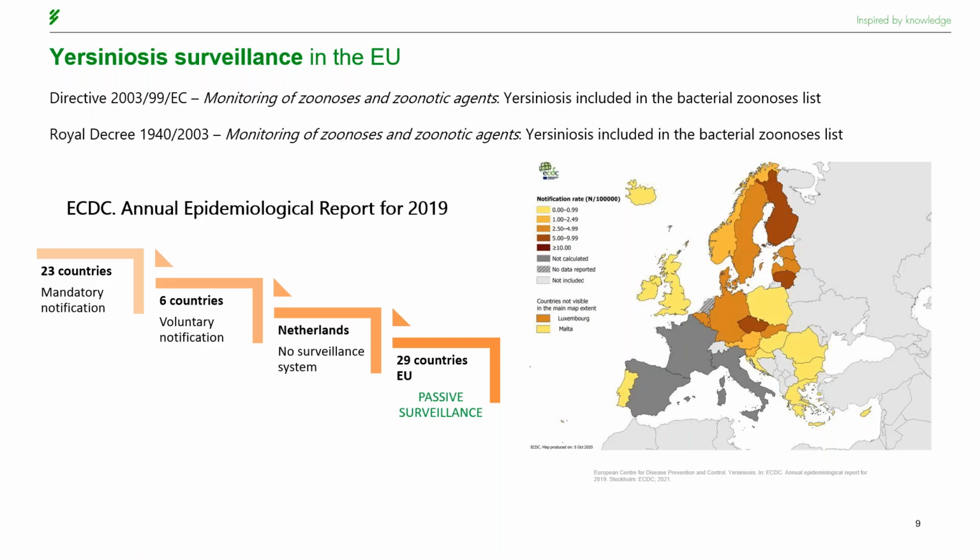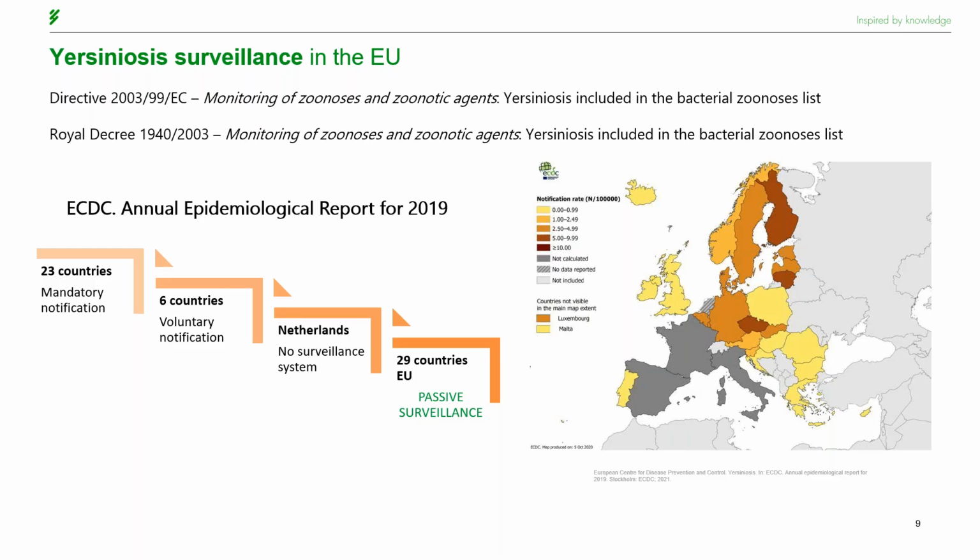Just to go a bit outside of the European Union, in the US, the American CDC monitors Yersinia enterocolitica through its active surveillance network for foodborne diseases called FoodNet. And obviously, each country must indicate how and if it carries out the surveillance according to its own epidemiological situation.